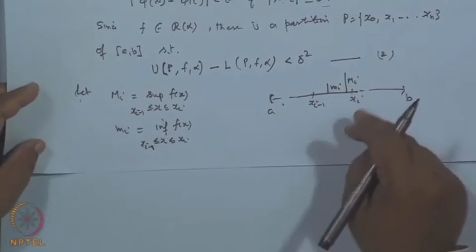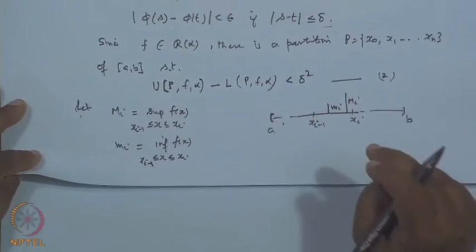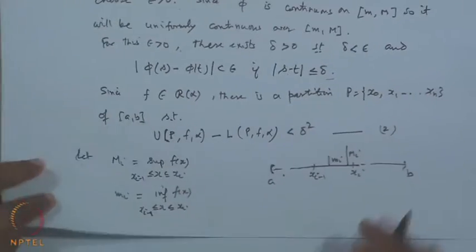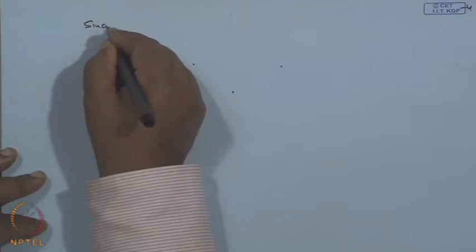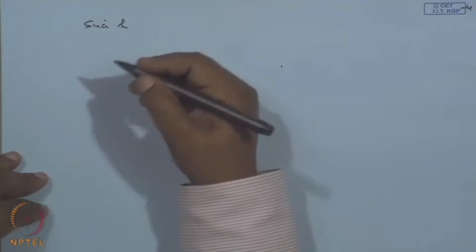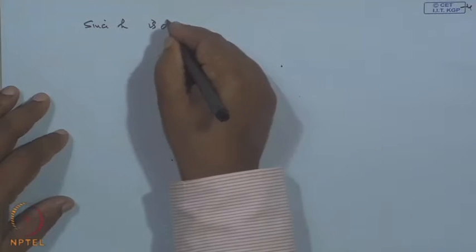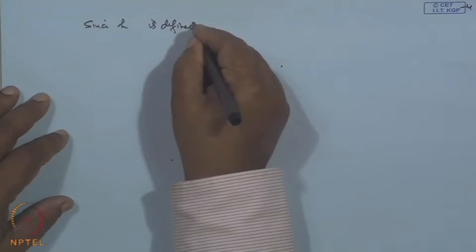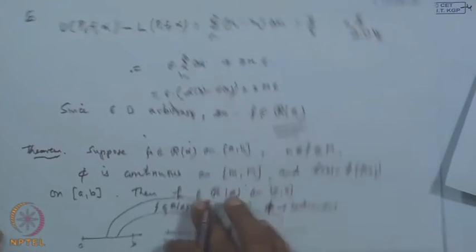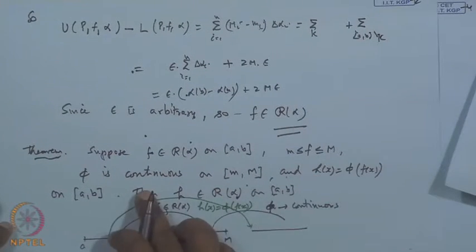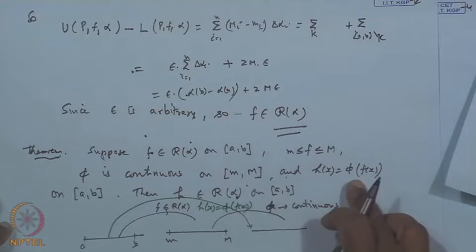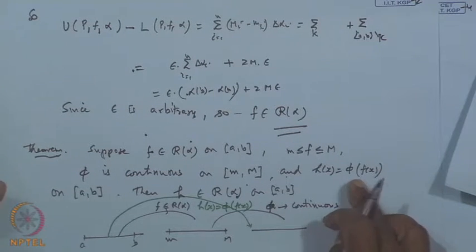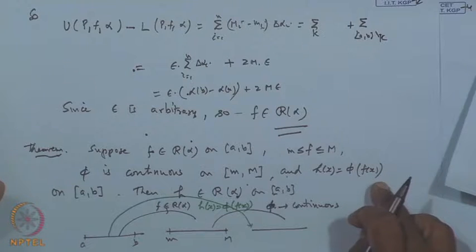Now, the function h is defined, because f is Riemann integrable and phi is a continuous function, and h is basically phi of f(x).